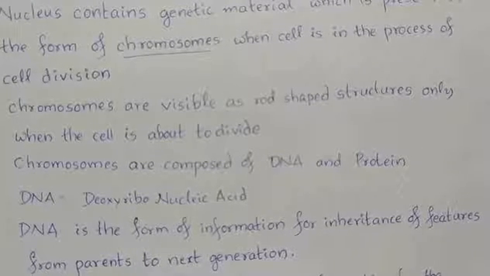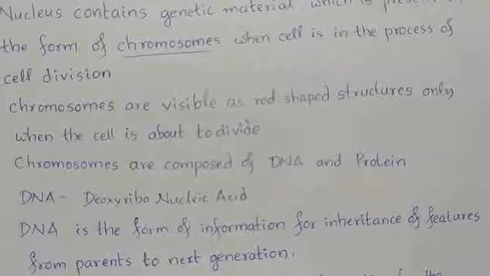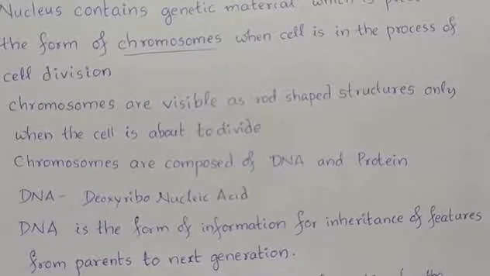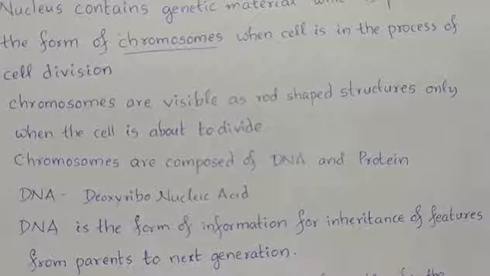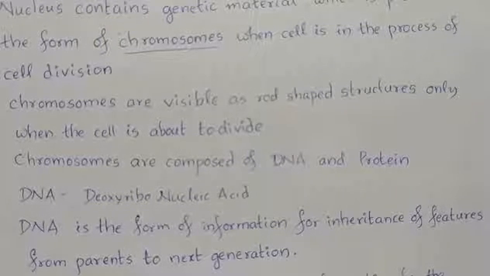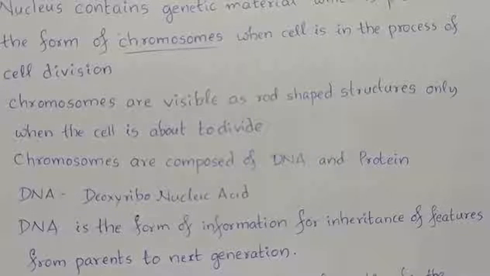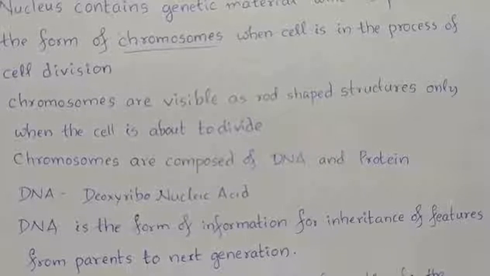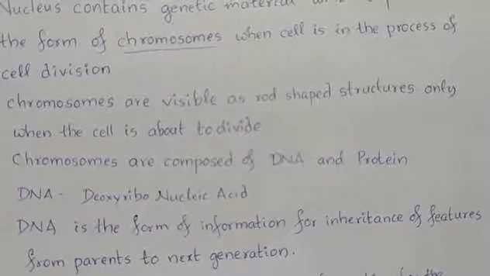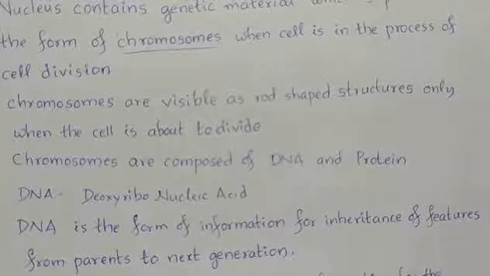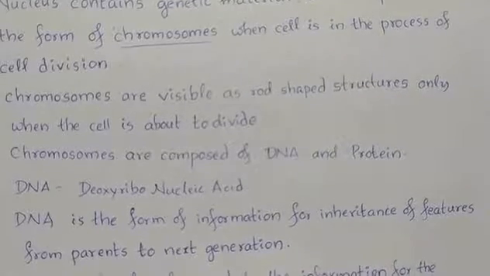The information for inheritance of features from parents to the next generation. In which form is this information present inside the nucleus? In DNA form. Where is this DNA present in the nucleus? In the chromosomes. And what are chromosomes composed of? Chromosomes are composed of DNA and protein.